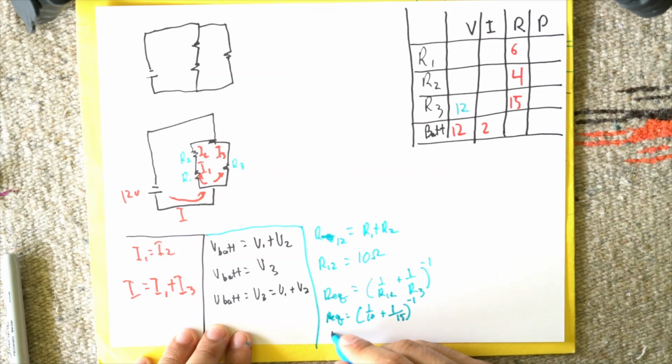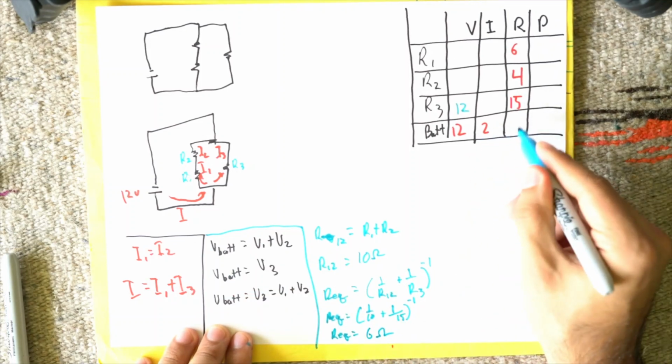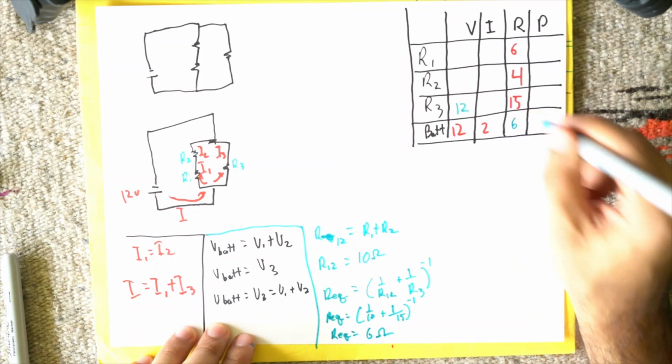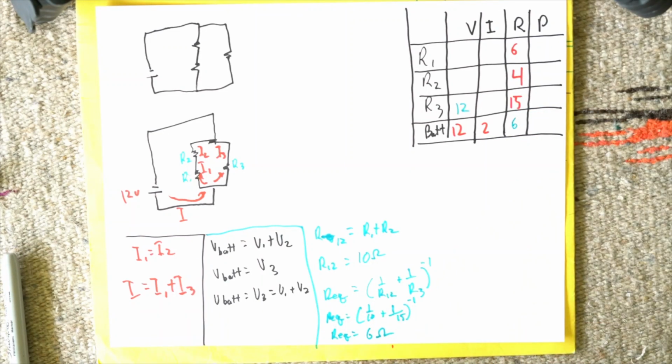So my R equivalent for the whole circuit would be 6 ohms. Hey, look at that. It works. 6. And that works this way or that works this way. I always like when you can do things multiple ways and you'll come out to the exact same answer. That's when you know you're good, and you guys are good.